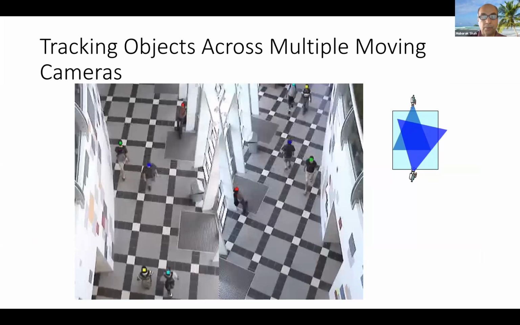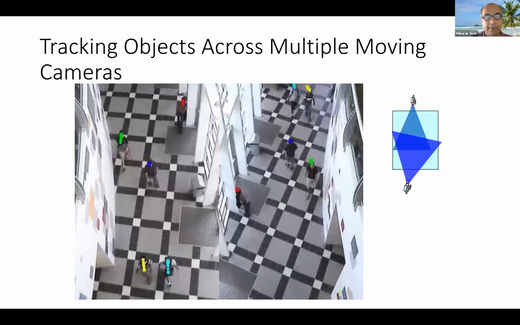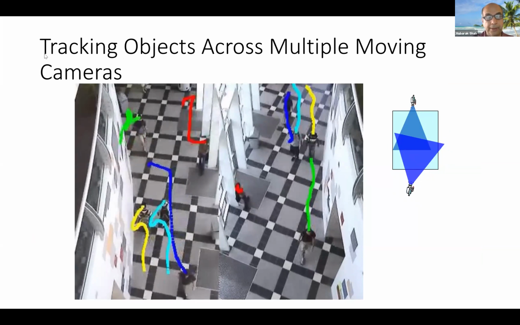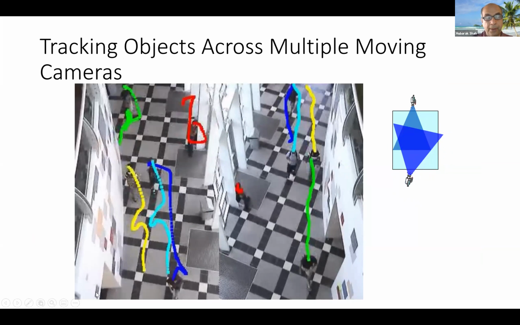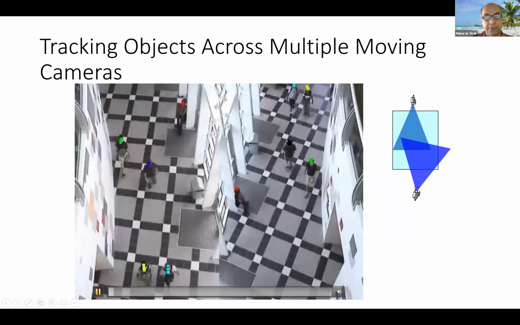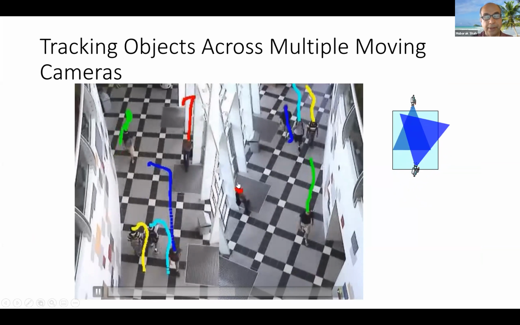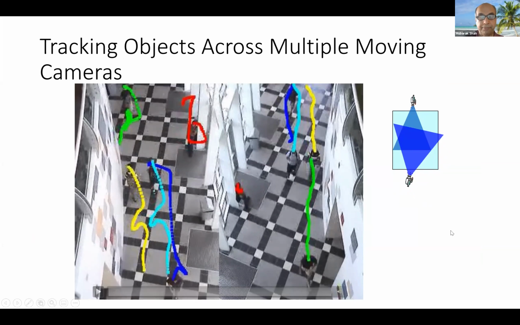We also did this work where we have one camera fixed and the other camera moving, and again the blue track here is the same person as the blue track in the right camera, and red is the same as here. As you see, these tracks are very different.